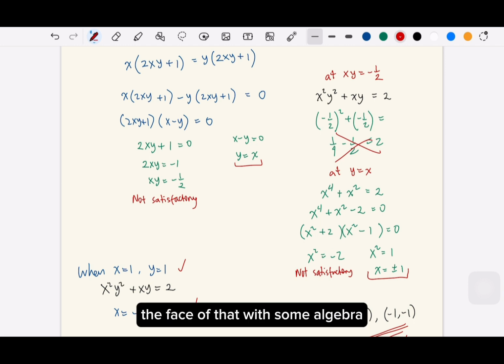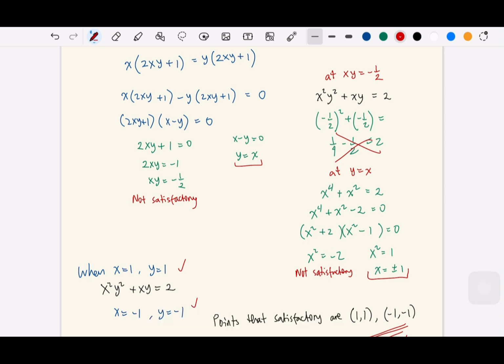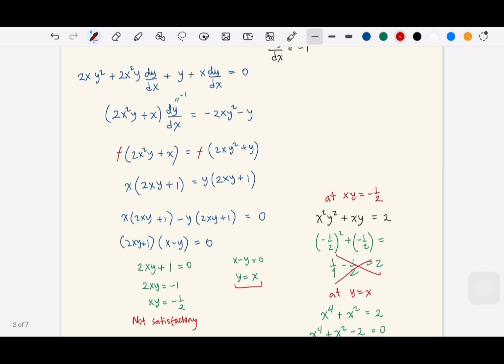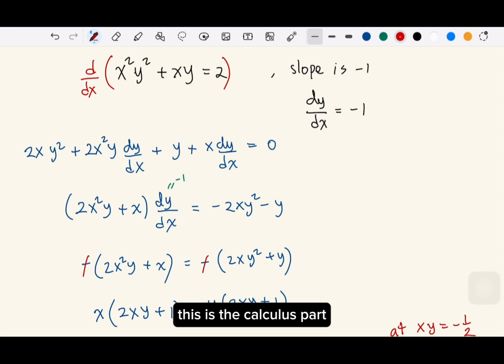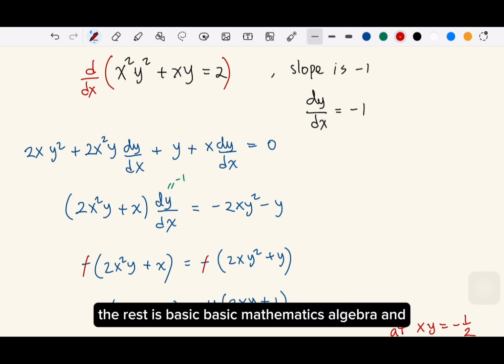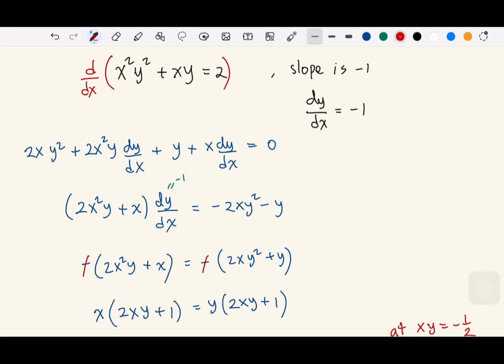To finish that off, we need some algebra. Yeah, the calculus part is this one. The rest is basic mathematics, algebra, and some sort of that.